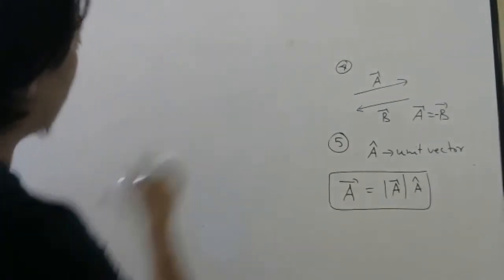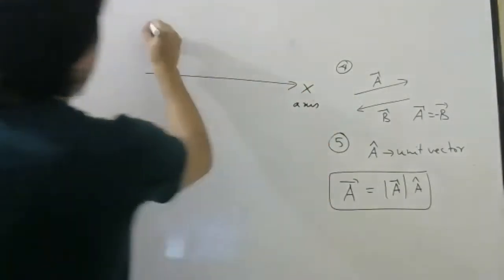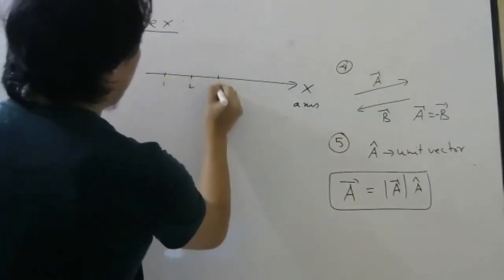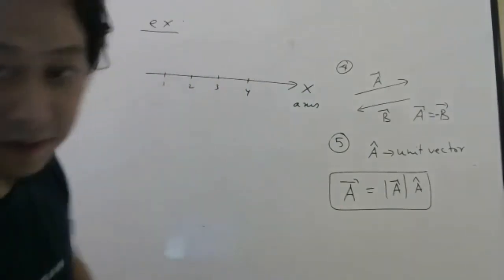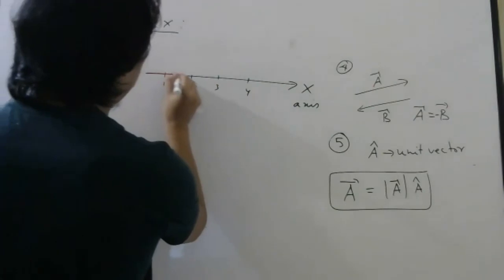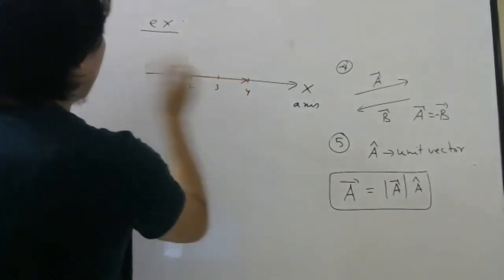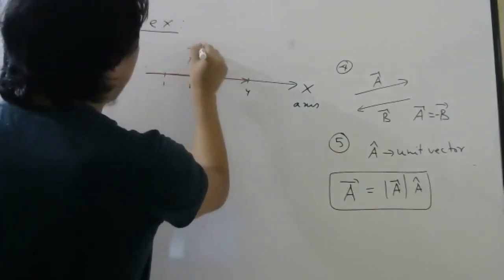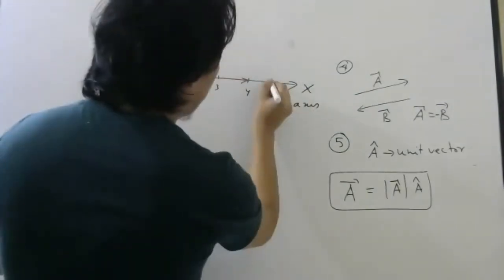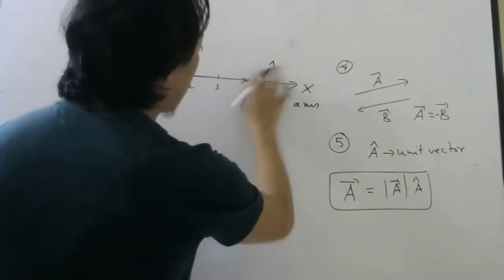So the last question we will do. Imagine this is your x-axis. Okay, 1, 2, 3, 4. Some numbers I am writing. So suppose I draw a vector from here to here. This red vector is say A bar. And in this direction, I have chosen a unit vector. No, let me not write A cap.